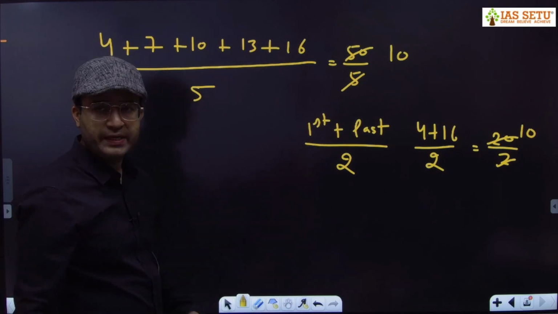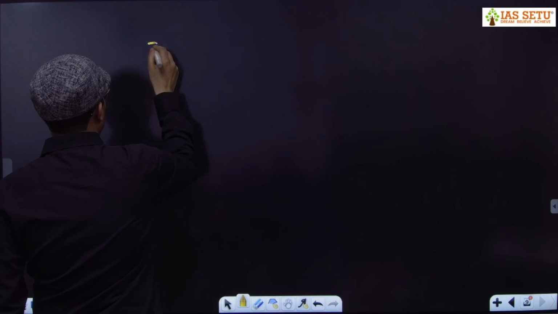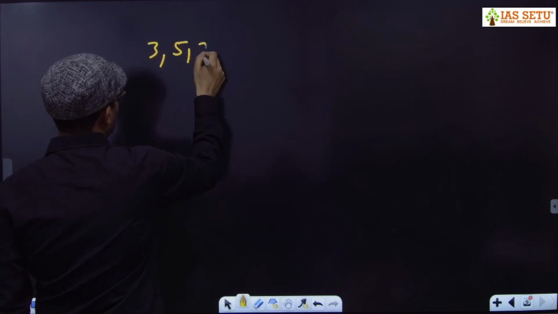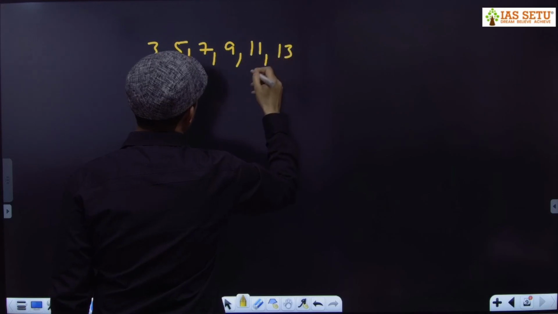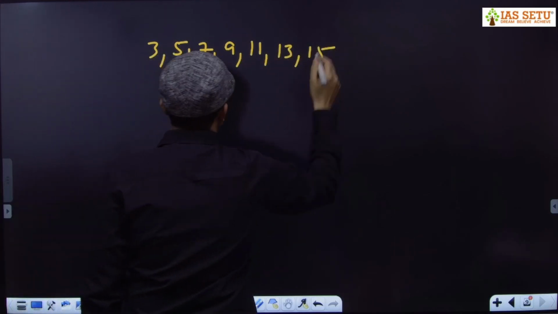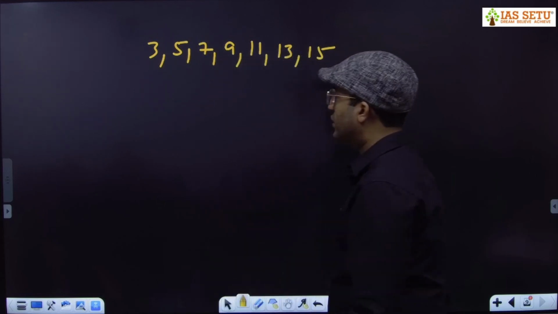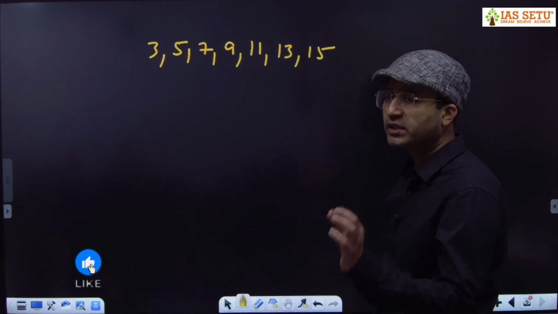You can check. I take n number of example. Like next example. 3, 5, 7, 9, 11, 13. Okay. Or I take one more term, 15. So there are 7 terms. If you have to find average of this, there is one method.